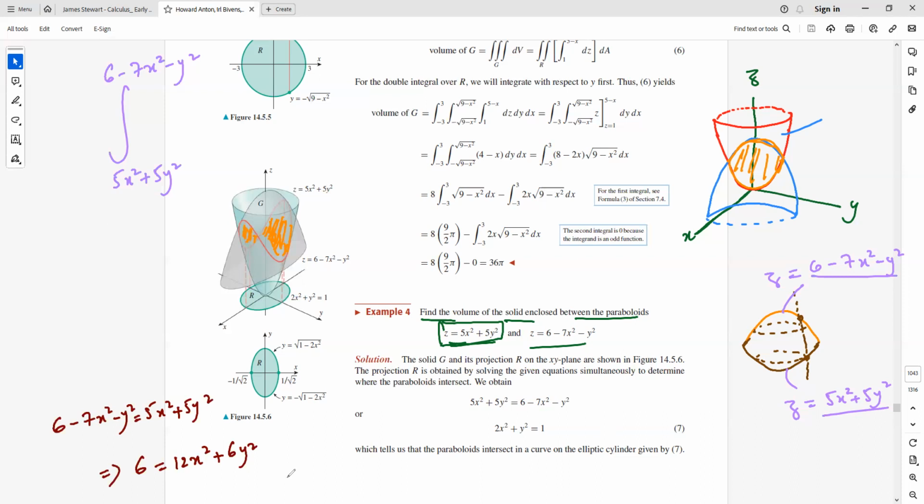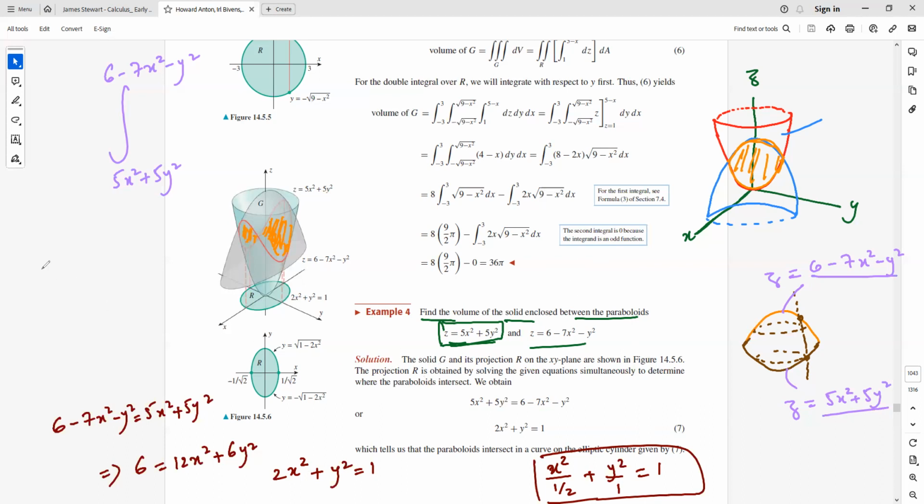That implies 2x squared plus y squared equals 1. Then we can write x squared over 1/2 plus y squared over 1 equals 1, which is the equation of an ellipse. So using this equation, we can find the limits for x and y, right?